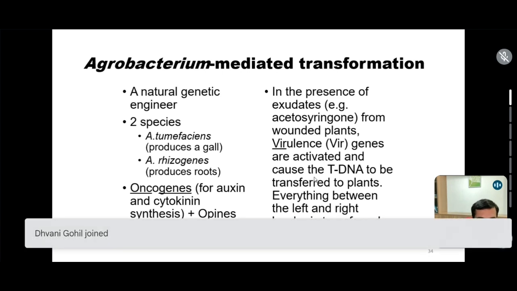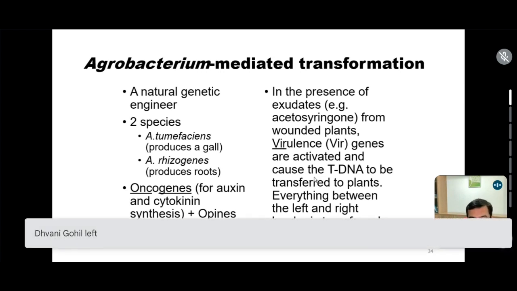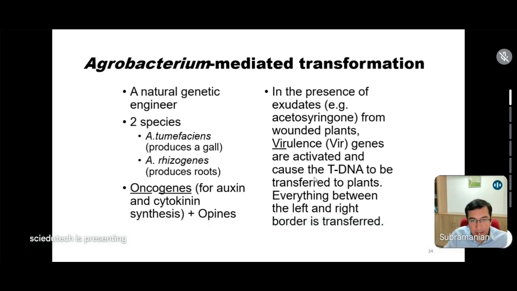When the plants are wounded, they secrete something called acetosyringone. This acetosyringone in turn activates the virulence genes, and that enables the tDNA to be transferred to the plant. Everything between the right and left border of the tDNA is transferred. Next slide, please.